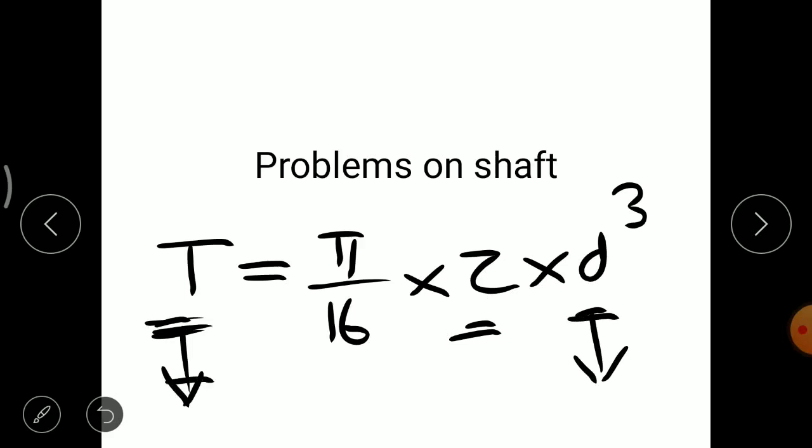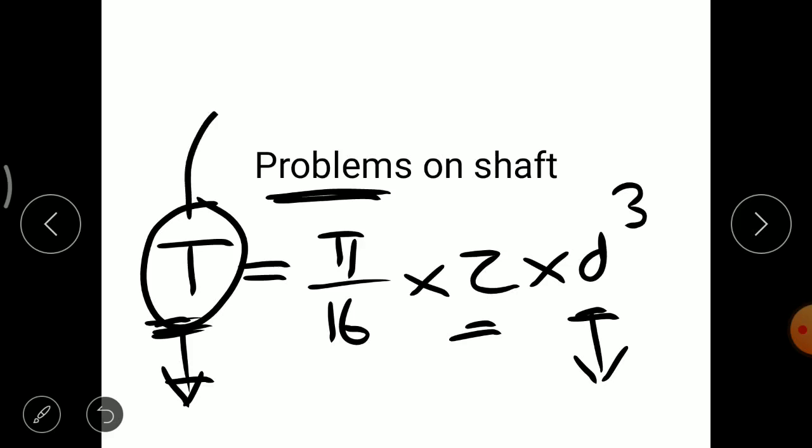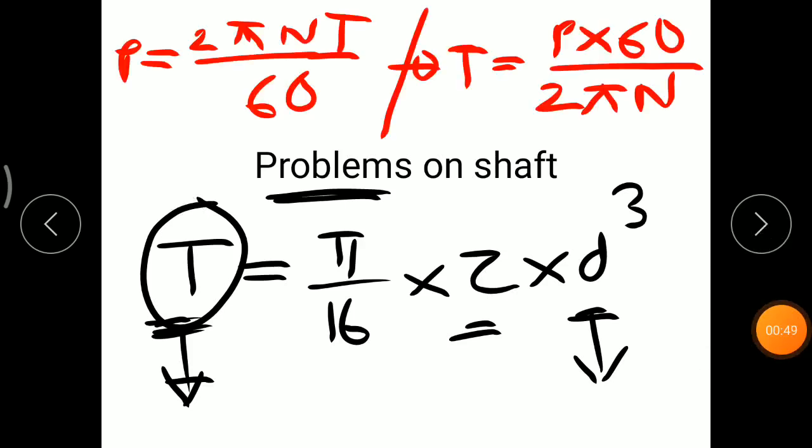But in every problem statement, we don't have the value of torque; we have the value of power transmission, and we can calculate the value of torque by using the formula P equal to 2 pi NT divided by 60, where P is the power transmitted by the shaft, which is given in the problem statement, N is nothing but RPM and T is the torque transmitted by the shaft.